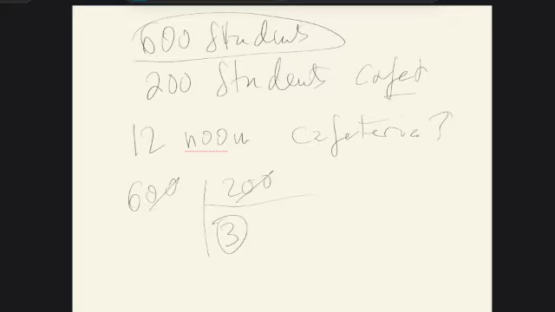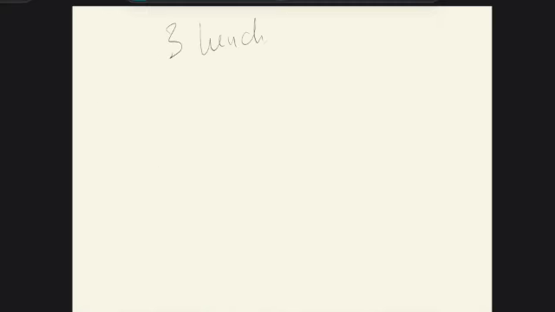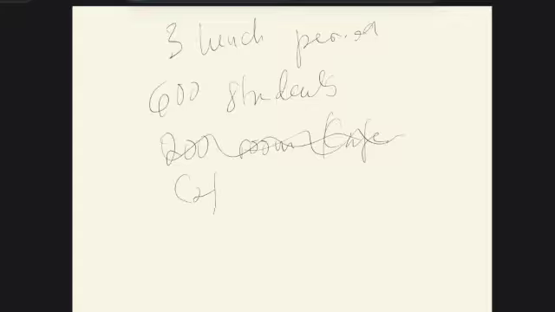In order for all these 600 students to fit in the cafeteria, they will need to have 3 lunch periods, since the cafeteria can fit 200 students at a time.